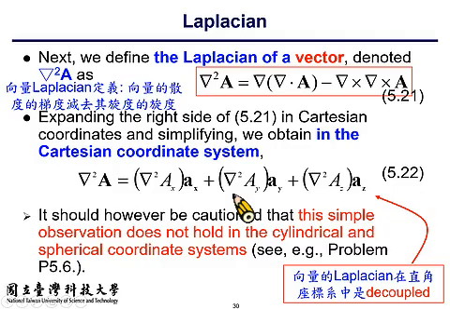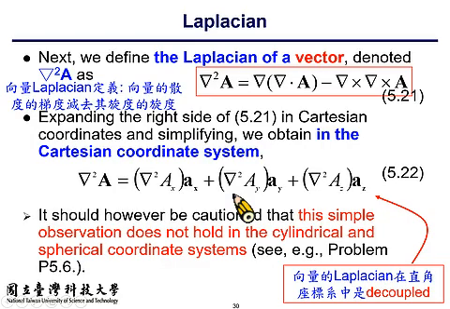So by definition, 不好意思，定义比较复杂一点。To the top right is the definition of the Laplacian of a vector. It's expressed as the gradient of divergence of A minus the curl of curl of A. So it's a little bit complicated.